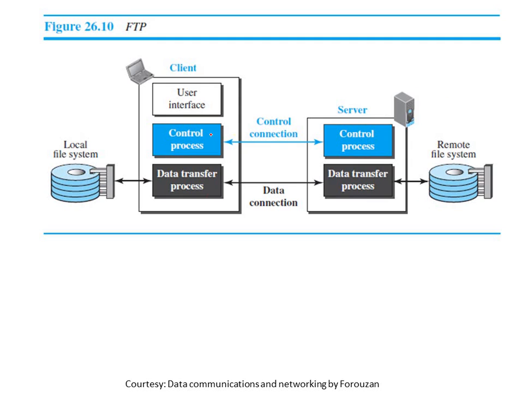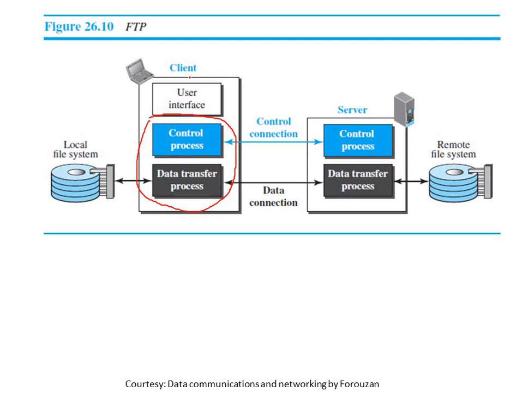The user interface is where your application programs are, through which you are able to communicate with these two processes, and through that you will be able to fetch, upload or download the data. That means file transfer is possible. So this is the generalized structure of FTP.